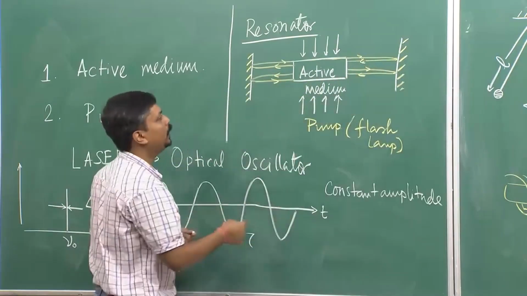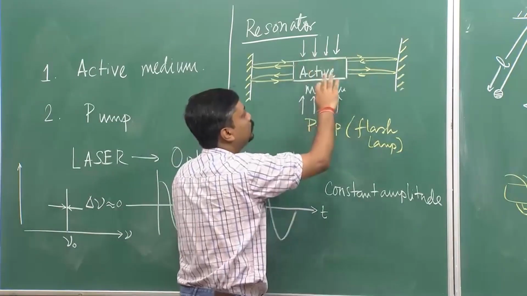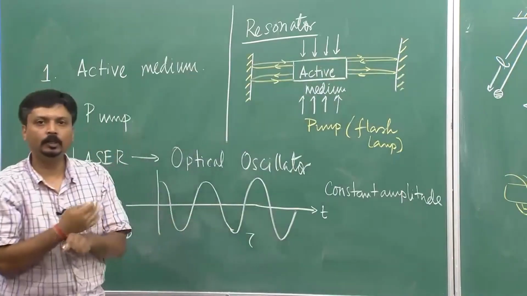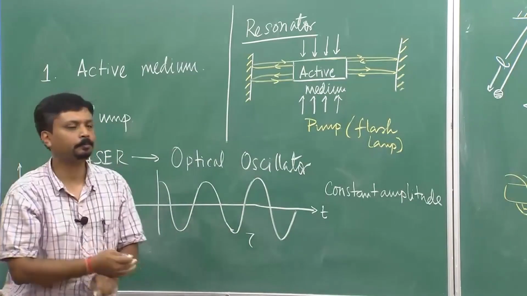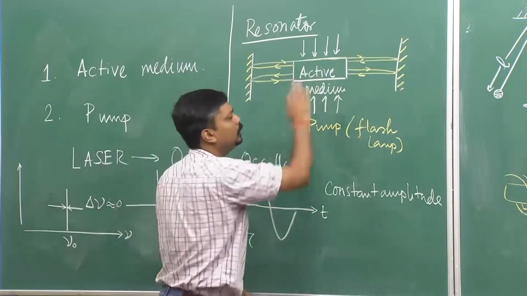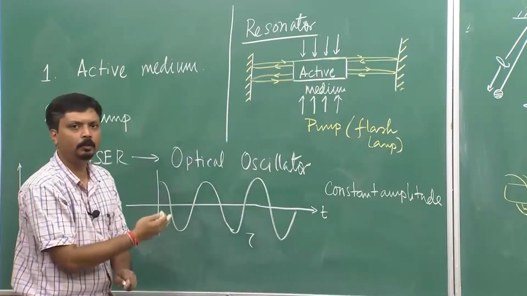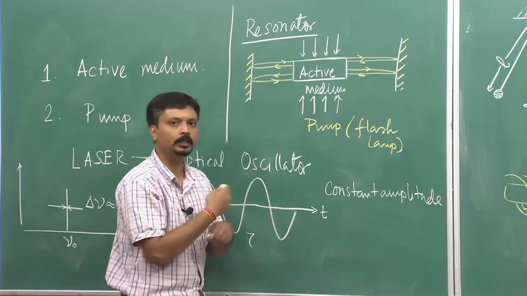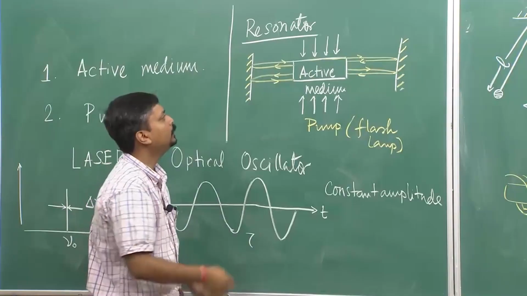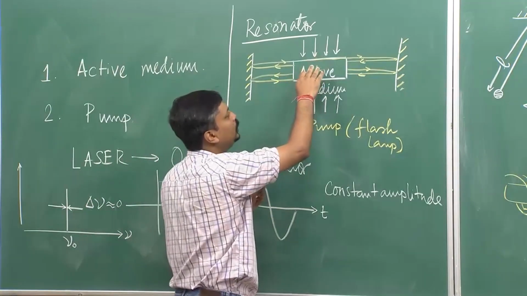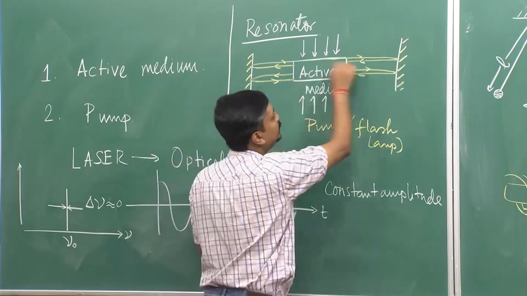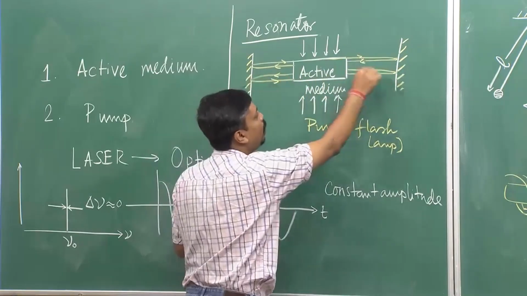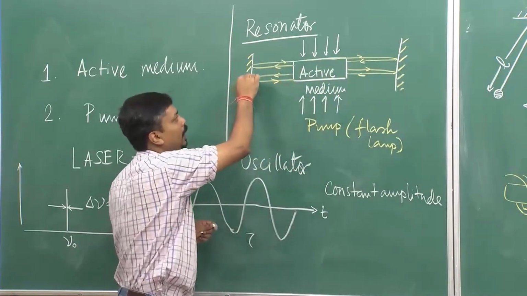So now how will it work? This spontaneous emission is actually triggering the overall stimulated emission causing the laser. The spontaneous emission which is taking place in this direction, that is along the axis.